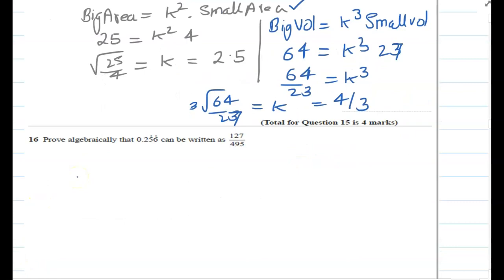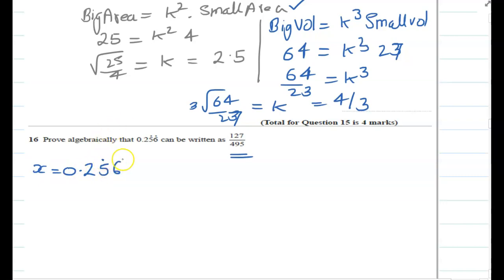So question number 16, prove that 0.2 recurring 56 can be written as 127 over 495. Okay, so let x be 0.2, 5 and 6.